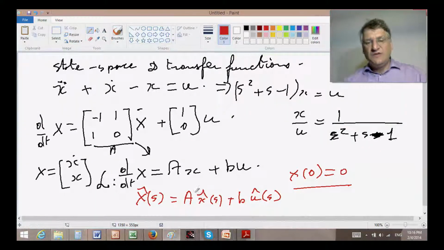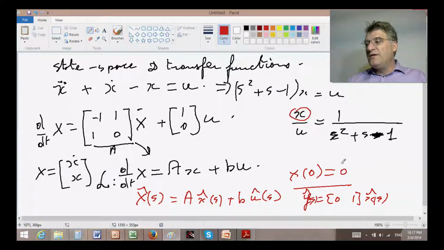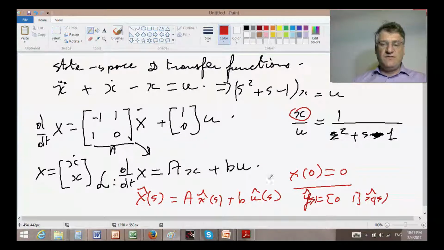Okay? So, how do I take it from there? Well, first of all, since here I paid attention to x, I want to introduce the y, which will be equal to 0, 1 times x. Okay? And of course, this is true in the time domain as well as in the frequency domain. So, with this, what I can do is now see where this takes me.